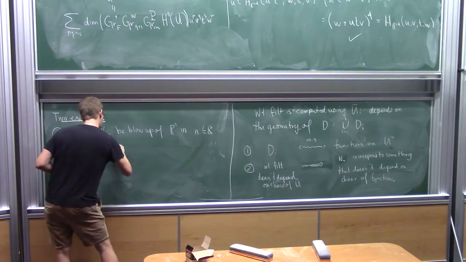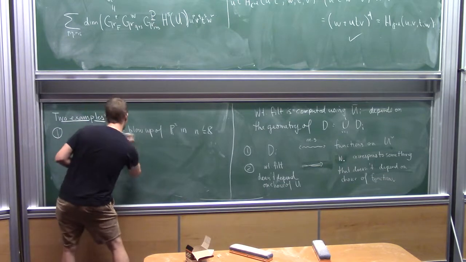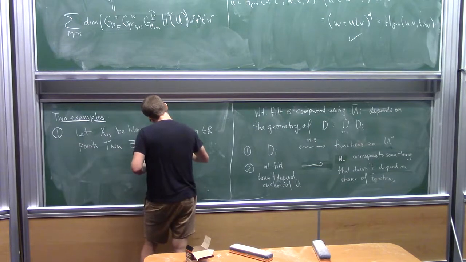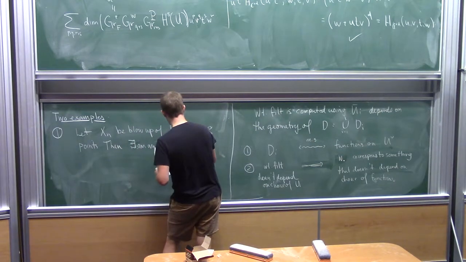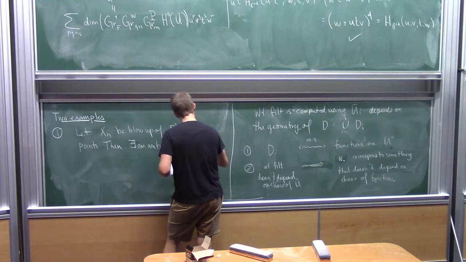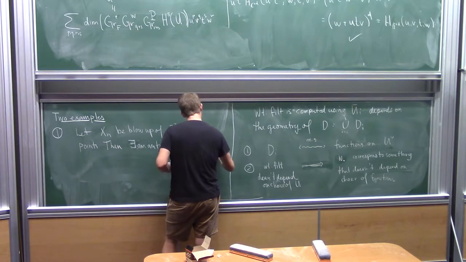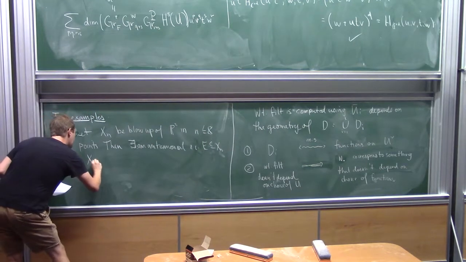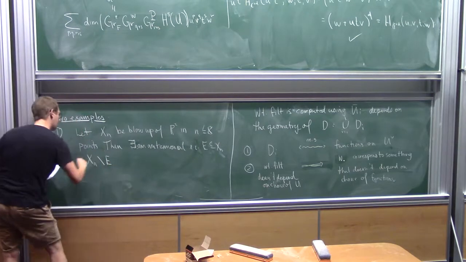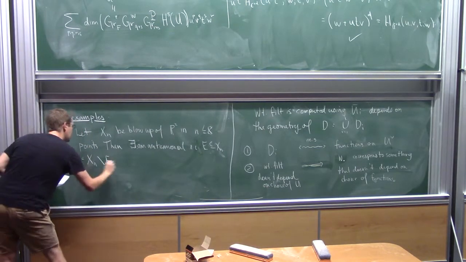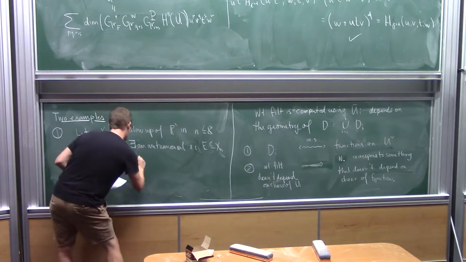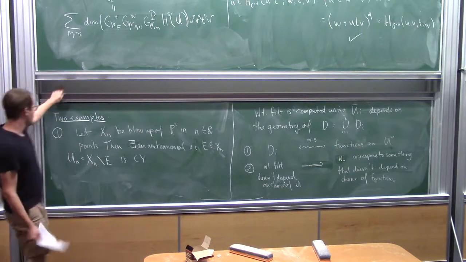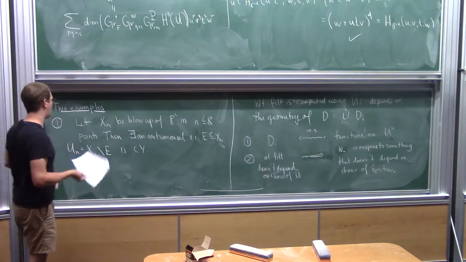Then there exists an anticanonical curve E inside of X_n. And so X_n minus E is a smooth surface, which we'll call U_n, is Calabi-Yau, and so it's actually the complement of an anticanonical divisor. And so this is the sort of example that I want to look at.